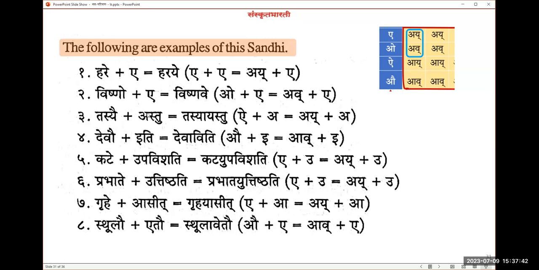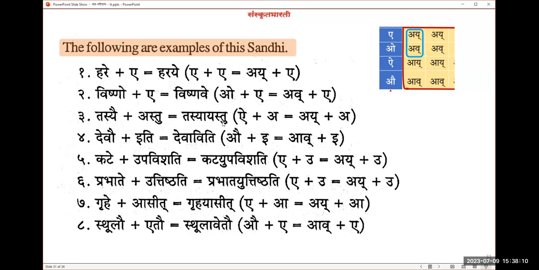Tasyai astu. This is an external sandhi. By now you know what I am talking about, external, internal. Internal is part of the Shabda Vyutpatti. This is between two Shabdas in a Vakya. Tasyai astu. To her, may it be there. So I plus A, Aya plus stu. So tasyastu.